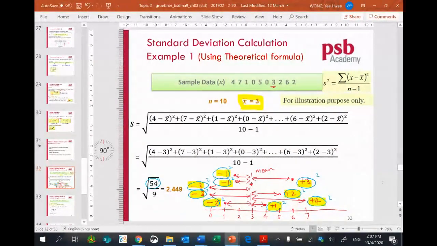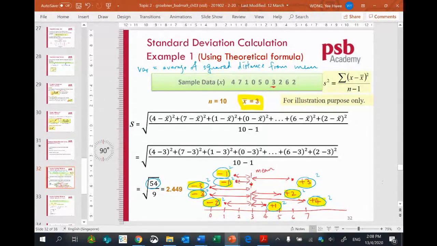So the variance itself is the average of squared distance from mean. This is very simple logic. It's just the average of squared distance from mean.